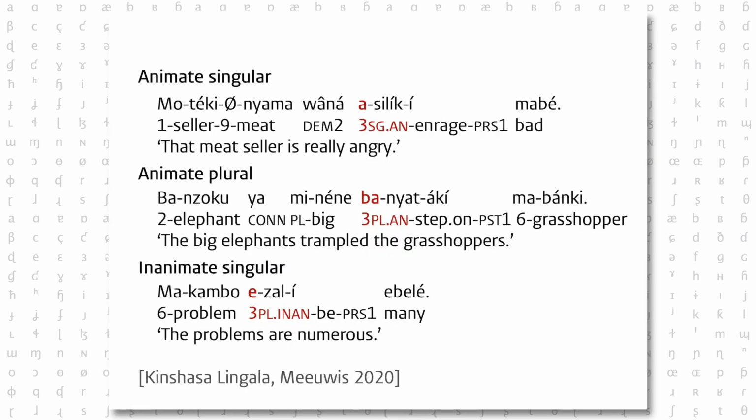However, noun classification in Bantu languages is not just determined by number. In Kinshasa Lingala, the animacy of the subject determines agreement on the verb. For animates, we find agreement marker a for the singular and ba for plural. Inanimate nouns trigger a for both singular and plural nouns.